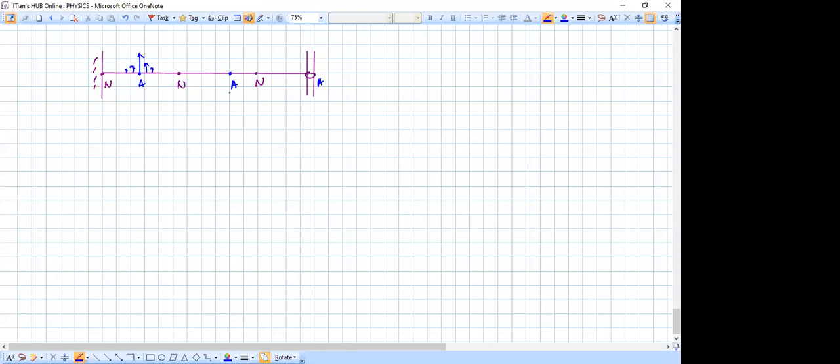And these particles were on their way down. And again, this one was going up. Okay. So energy is in the form of kinetic energy.